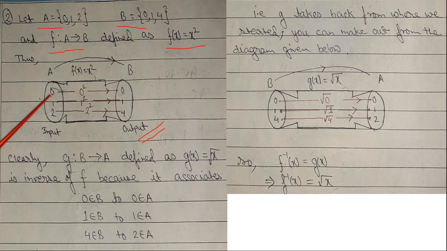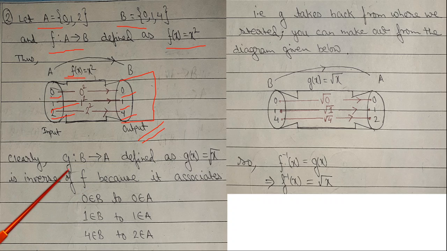Like here, f is taking 0 to 0, so inverse will take this 0 to here. Inverse will take this 1 to this one, and that inverse will take 4 to 2. So if we could find a function from B to A which would do this, which would take us back from where we started, then that function will be called the inverse of this f.